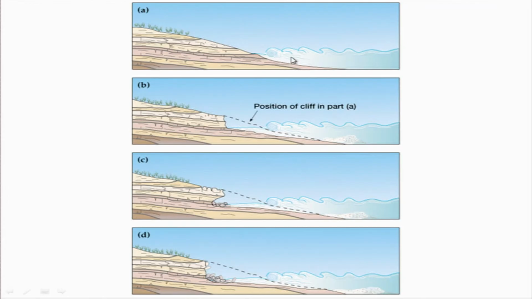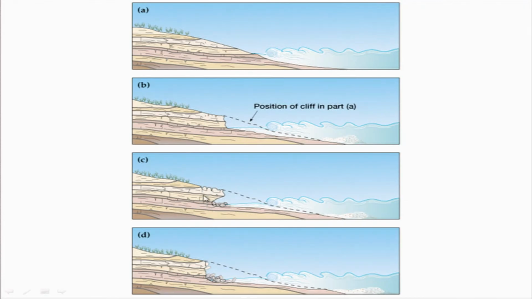The wave action will come and meet the land, and if the land area is rocky, you will have erosion. So cliffs will form, and over time that same cliff will be eroded in the form of an arc, which has been shown here, and that will result in the formation of sea notches.